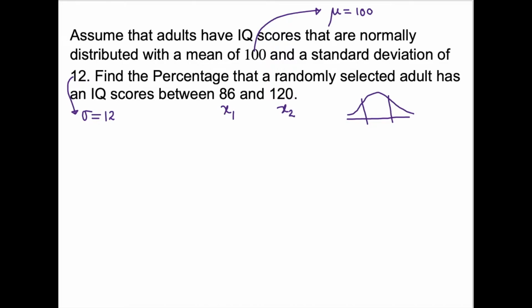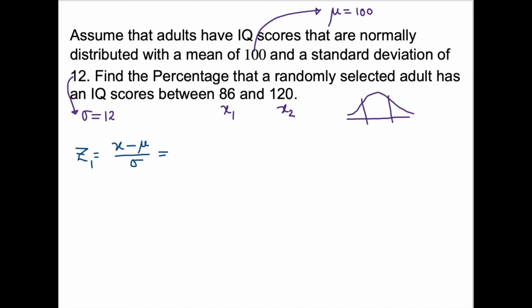What is the z-score? The z-score is equal to a random variable x minus the population mean, over the standard deviation. Since we have two x values, we're going to use z1 and z2.